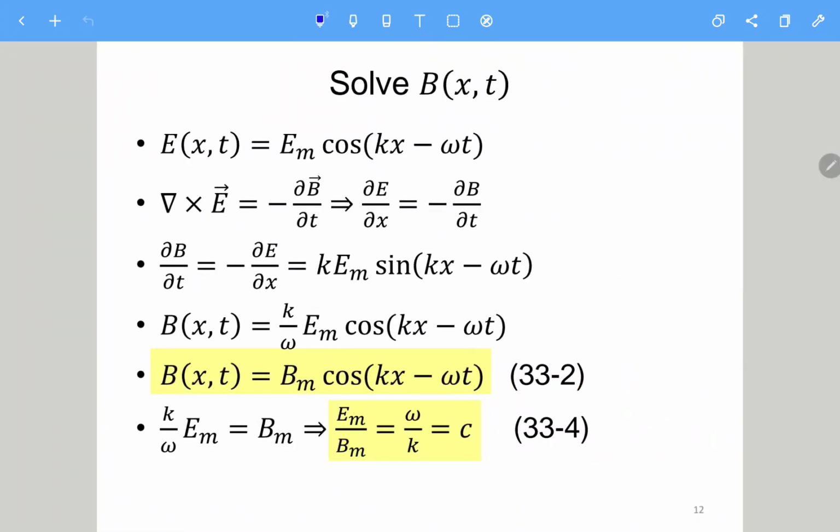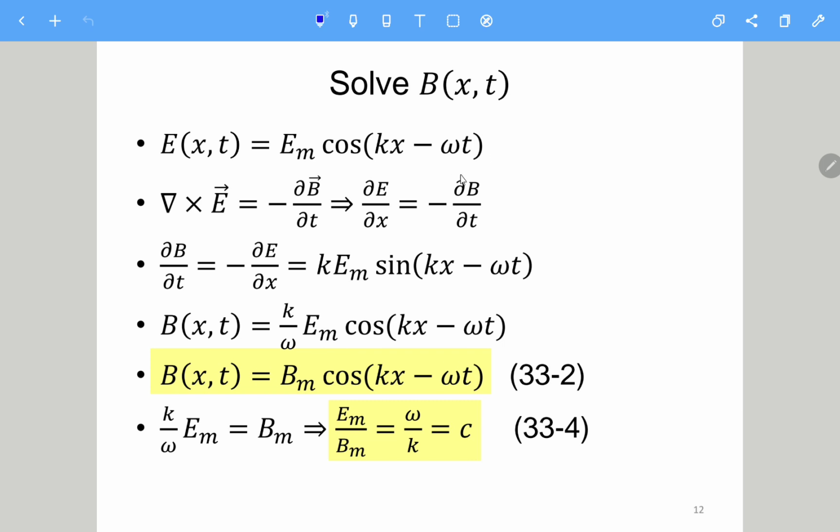Okay, so next we also try to solve for the magnetic field. This one is Faraday's law. If you consider the one-dimensional case, this will be partial E partial x equals negative partial B partial t.